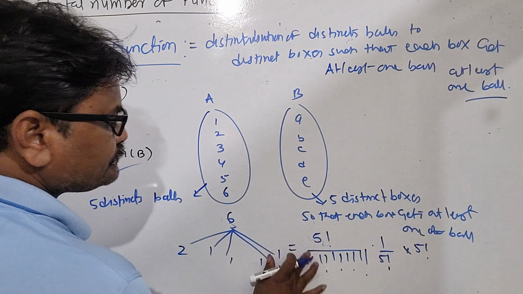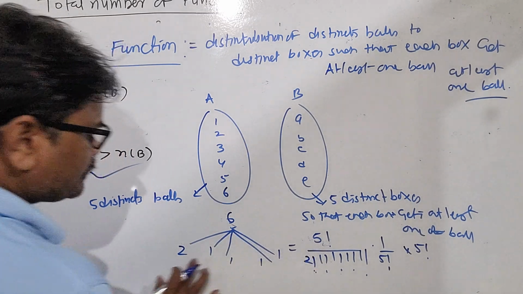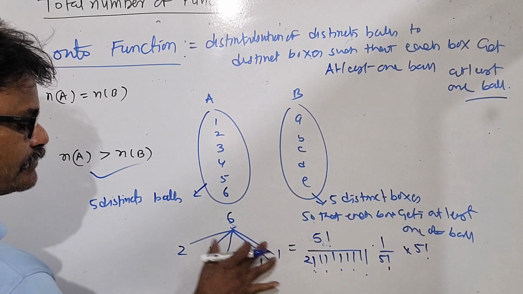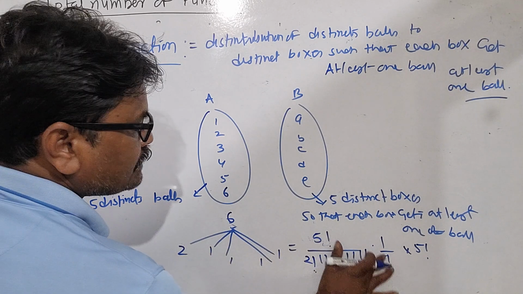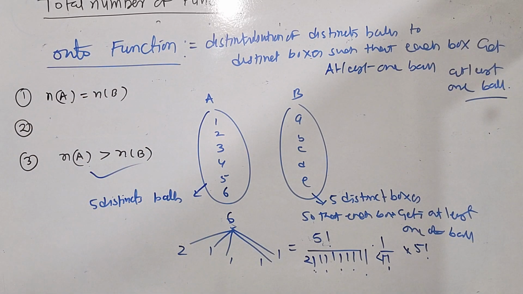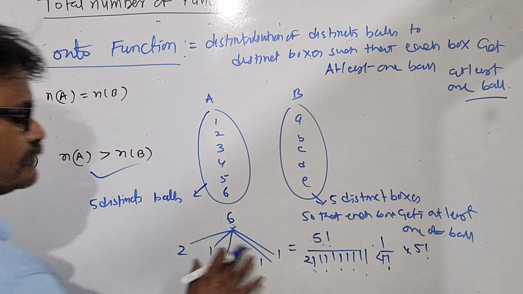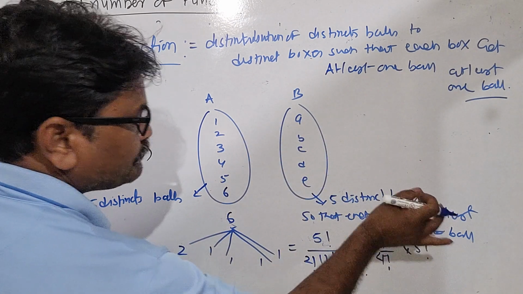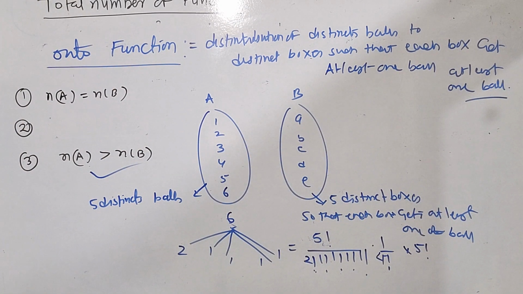So therefore this is 6 factorial over 2 factorial for this 2, and 1 factorial for each of the others. Now 1 has occurred how many times? 4 times. Therefore I can multiply it by 1 by 4 factorial, and we have to distribute this to the 5 distinct boxes. Therefore multiplication by 5 factorial. Hope that this concept is now clear, how to calculate the total number of onto functions.